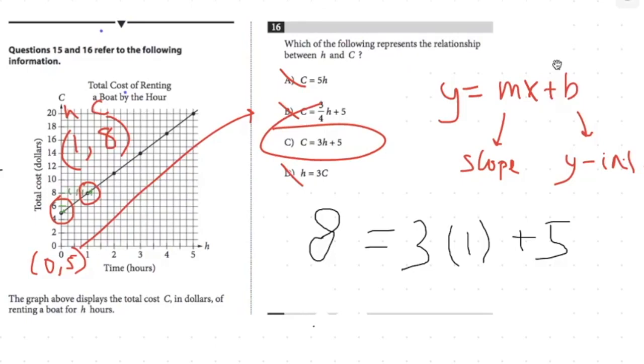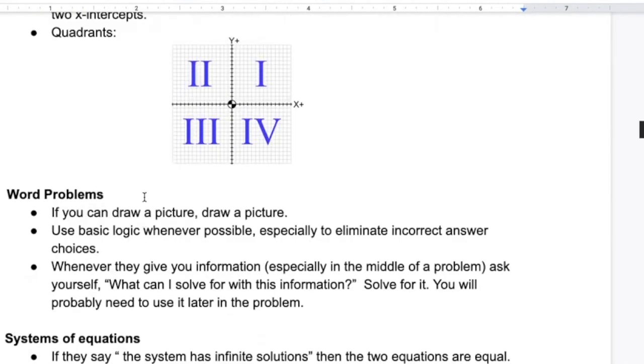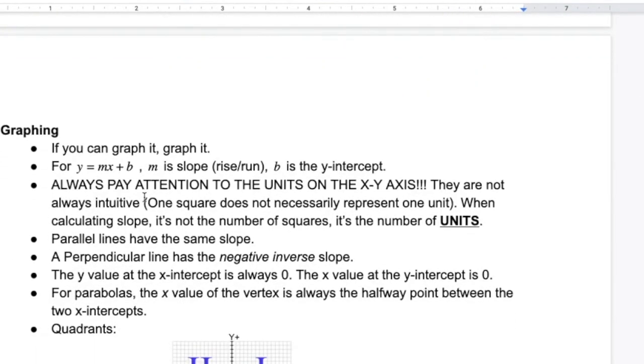And everybody picks B for this question because they're counting boxes. But on the SAT, and I've got a section on the basic concept cheat sheet on graphing, I would love it, Ariani, if you would read the third bullet point on graphing. Always pay attention to the units on the XY axis.